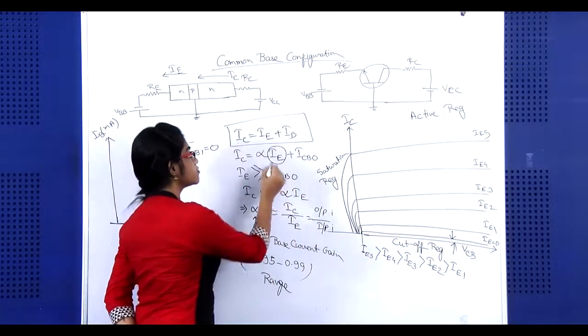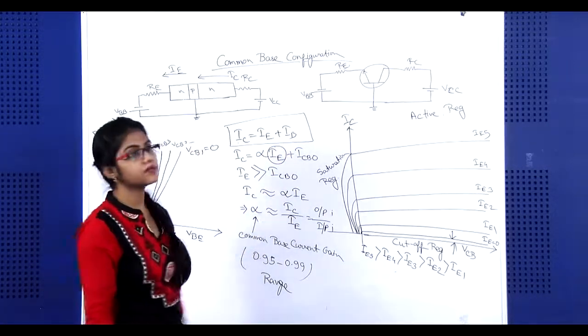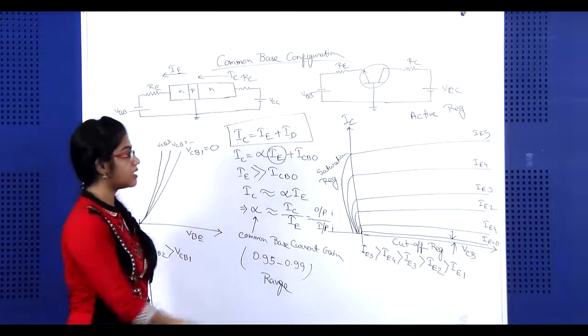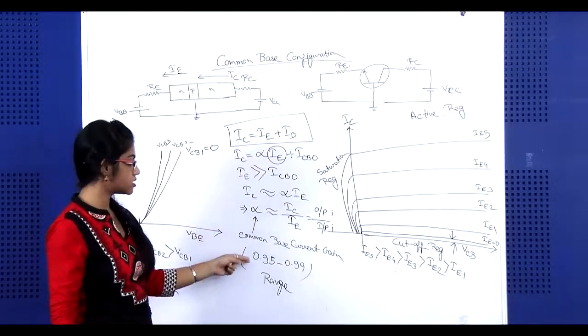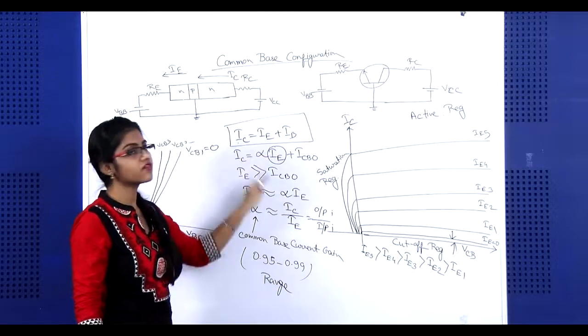Now, in the next case when we increase this IE, then obviously the IC will be increased. So, suppose the IE current is say 5 milliampere, depending upon the alpha, which is almost equal to 1, we will get almost the same amount of collector current.